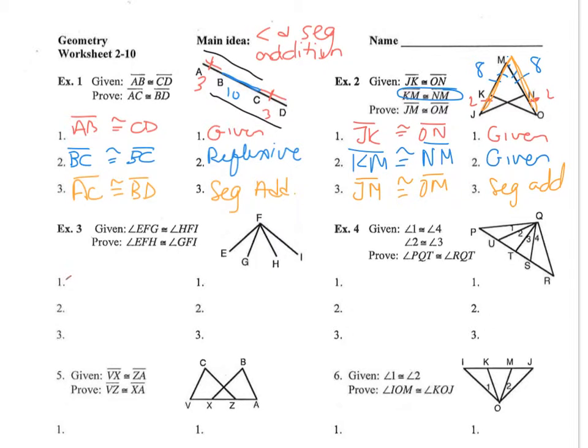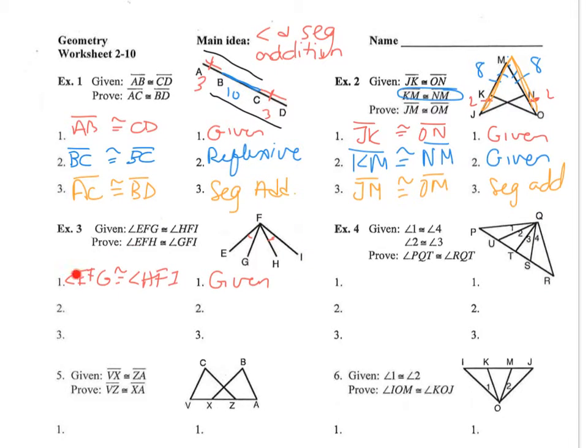So I'd write angle EFG. So EFG here is congruent to HFI. So I'm going to put my congruency mark there. Actually, I'm going to erase that and just clean it up a bit and just put that they're congruent. HFI, and that was given to me. And from there, I have a dead statement here.